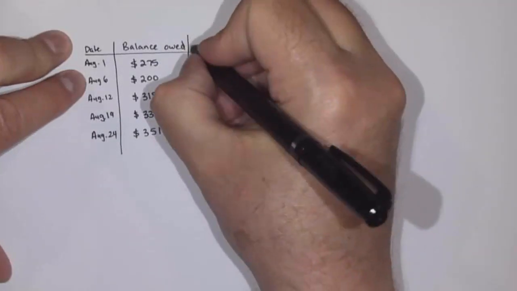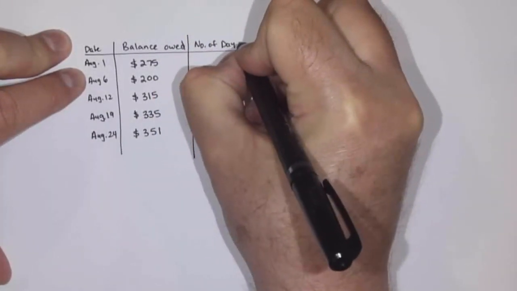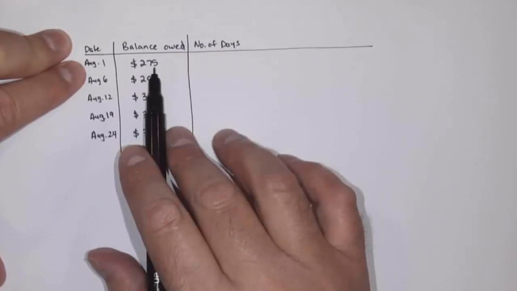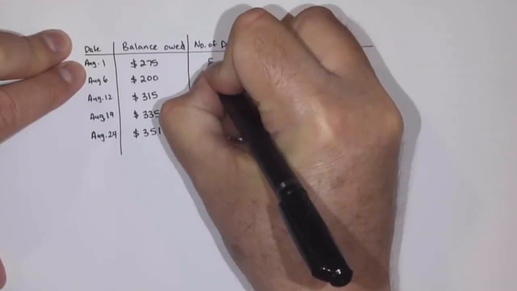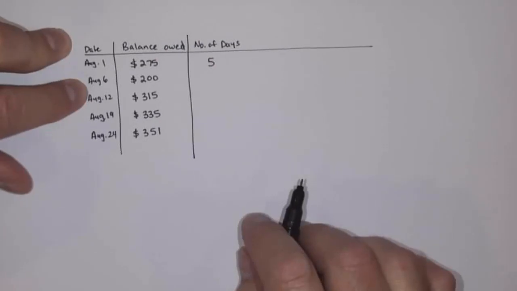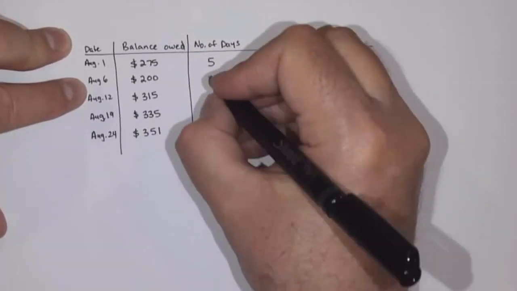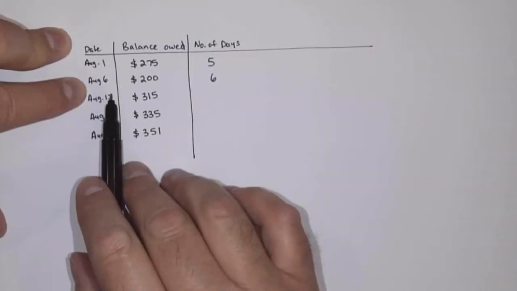So now I want to think about the number of days. The balance of $275 was owed for 5 days, from August 1st through August 5th. And then the balance of $200 was owed for 6 days, from August 6th through 11th.